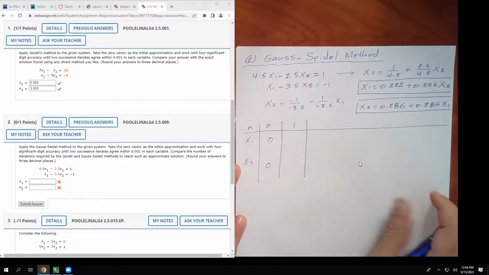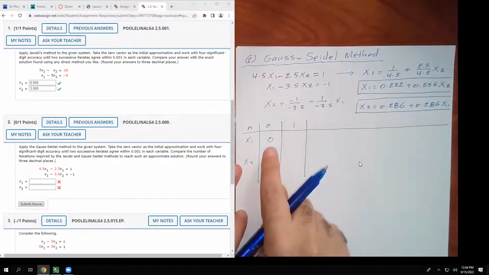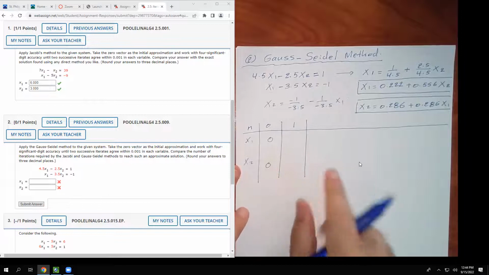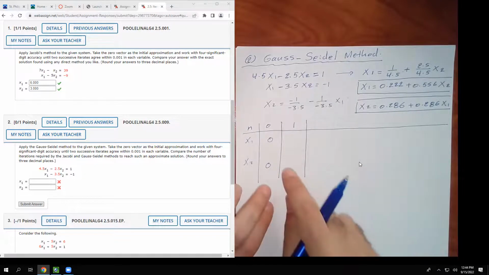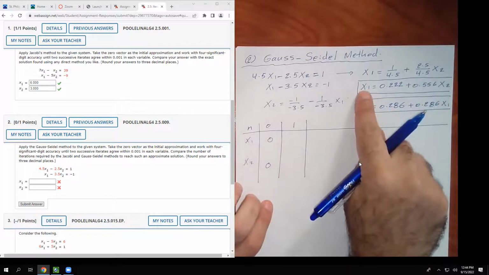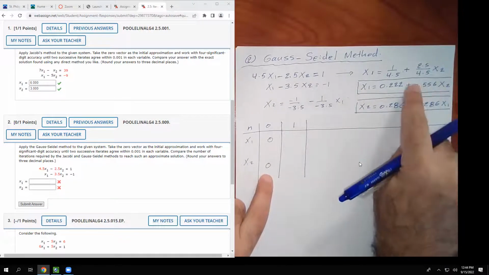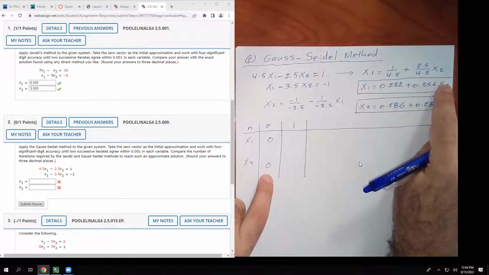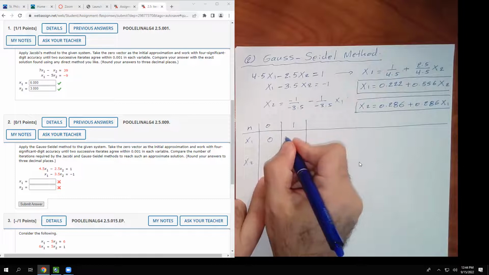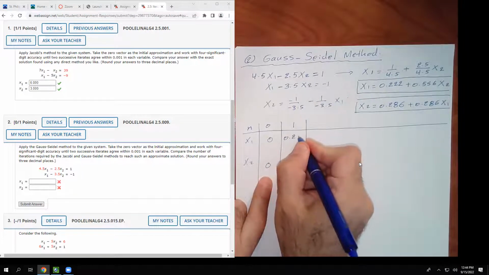Here is number 1, and here is the difference in how this method works. I'm going to find x1, plugging in x2 equals 0, so that term cancels, and the first one is 0.222.